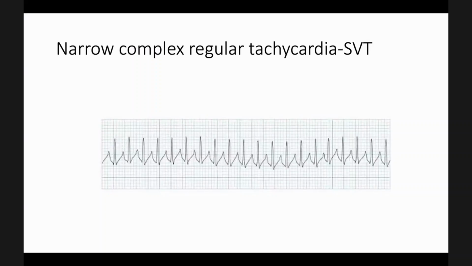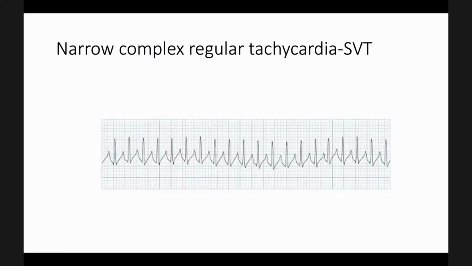Drugs like adenosine. Yeah, it depends on whether the patients are hemodynamically stable or not. What do you mean by a stable patient and an unstable patient? If the blood pressure is normal, you can say the patient is hemodynamically stable. And if the blood pressure is low, the patient is hemodynamically unstable. So your management depends on whether the patient is stable or not.